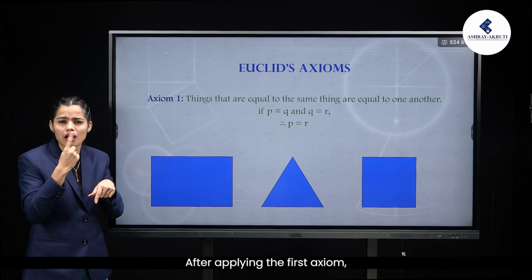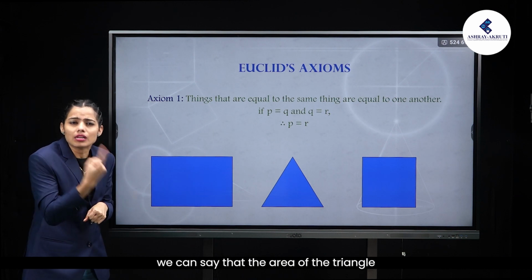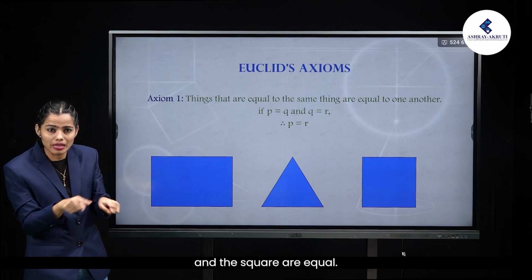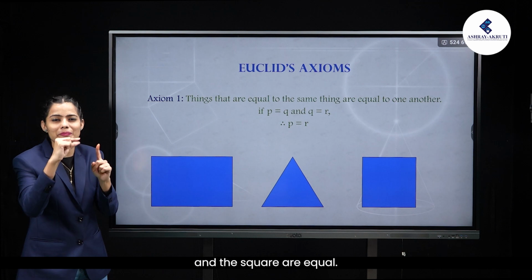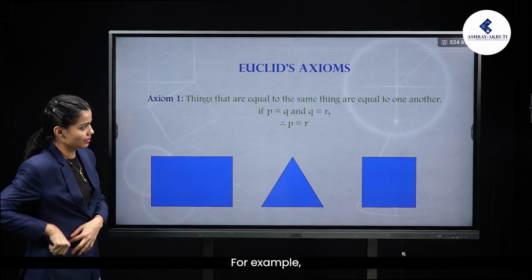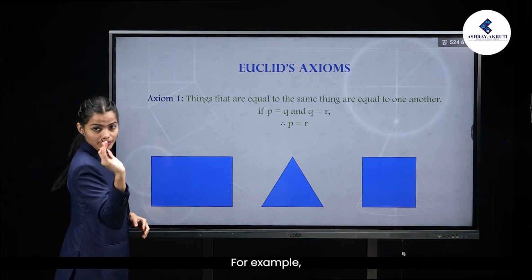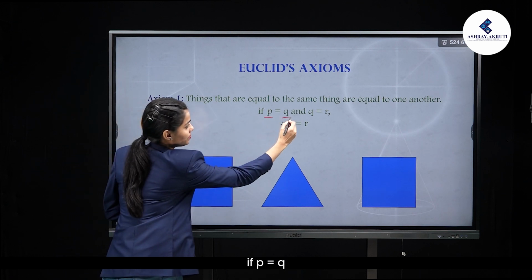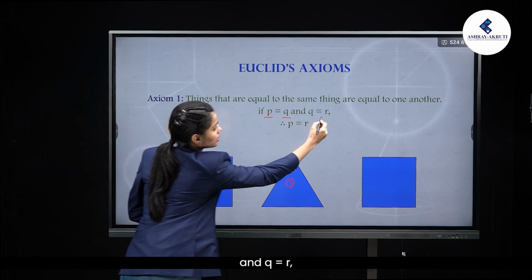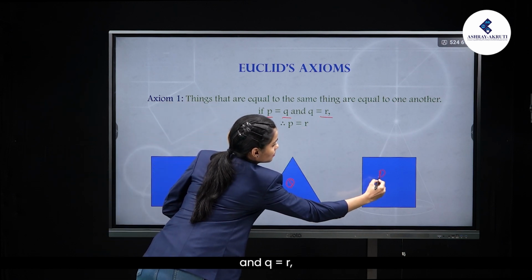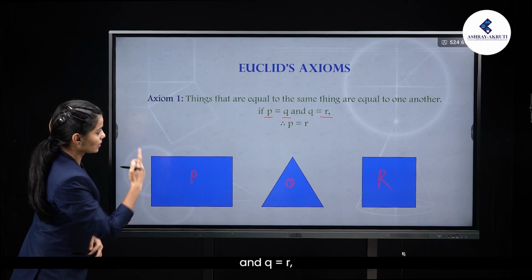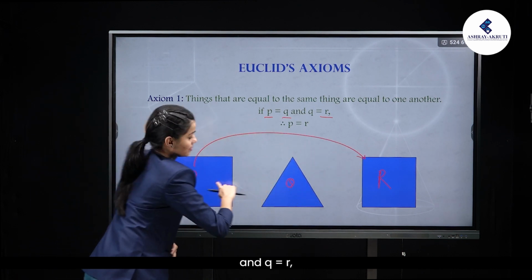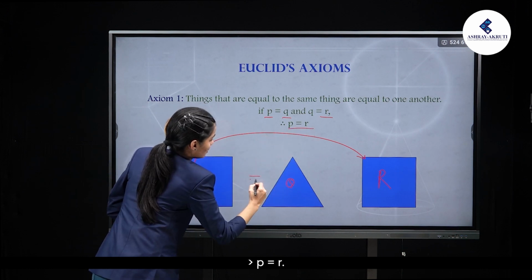After applying the first axiom, we can say that the area of the triangle and the square are equal. For example, if P is equal to Q and Q is equal to R, therefore P is equal to R.